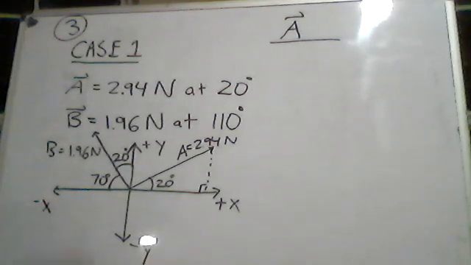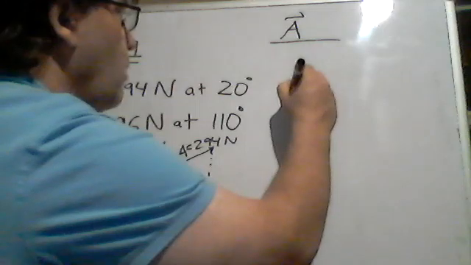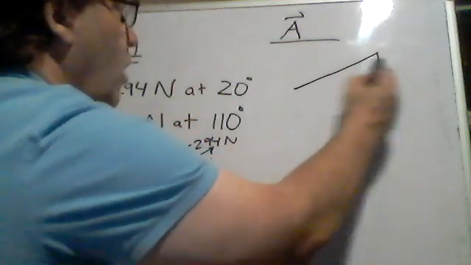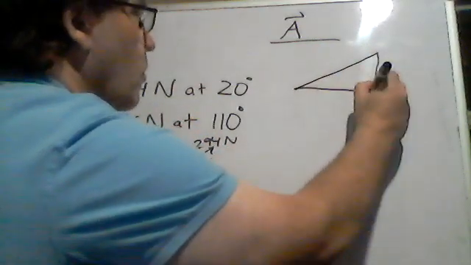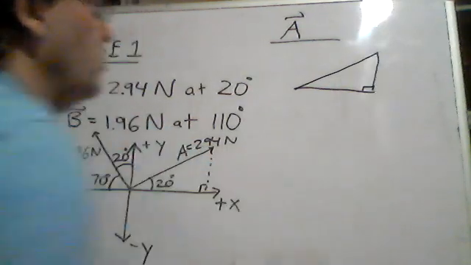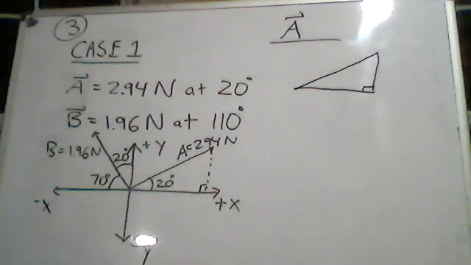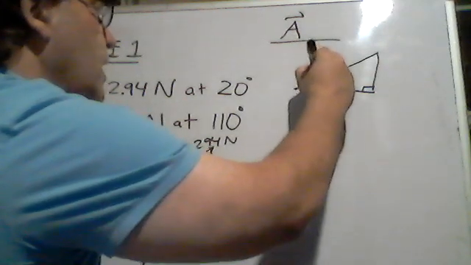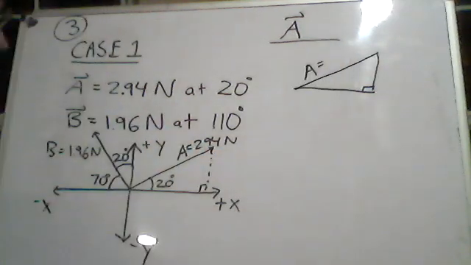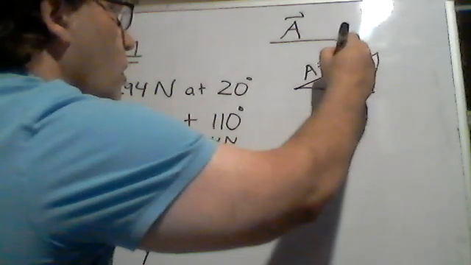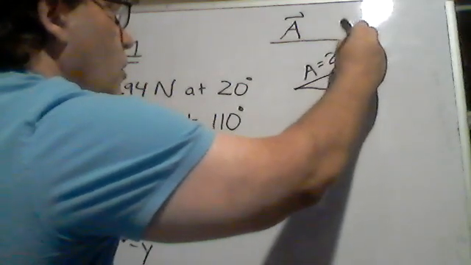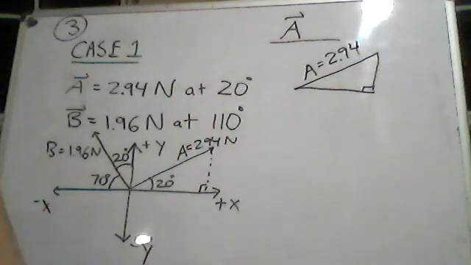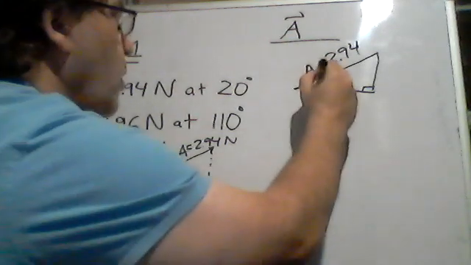What I just want to do at this point is extract out this triangle and just work on a triangle. And then I'll worry about what quadrant it's in later. All right, so I extract out this triangle. And I know that the hypotenuse is A, and it's going to be 2.94. I'm not going to worry about newtons right now. We'll worry about that later as well. All right, and then this is a 20-degree angle.